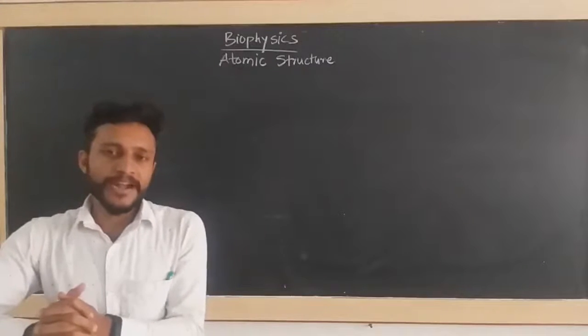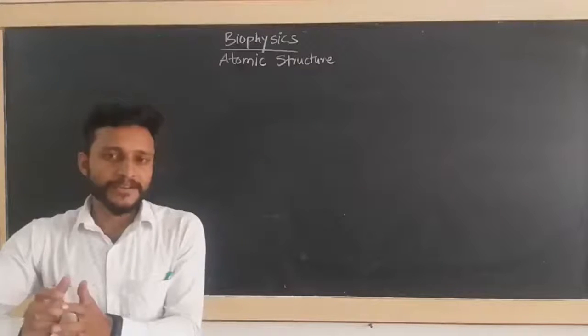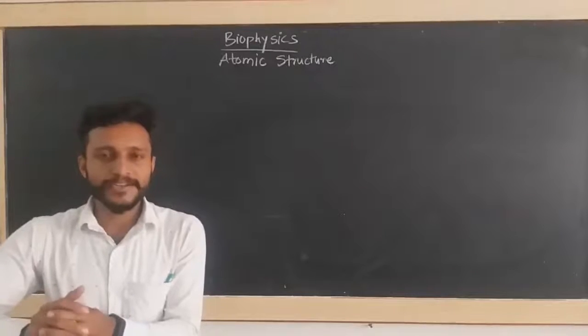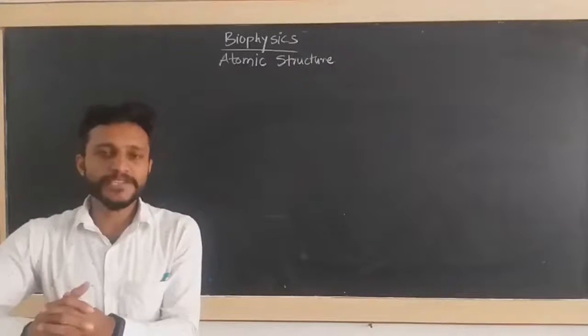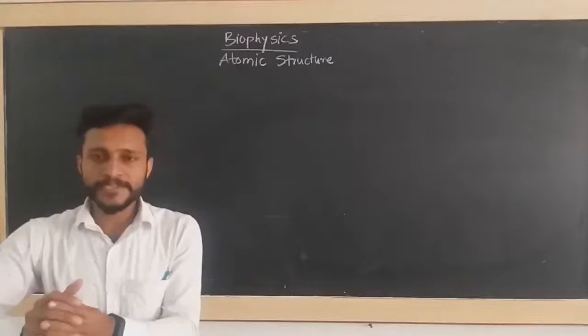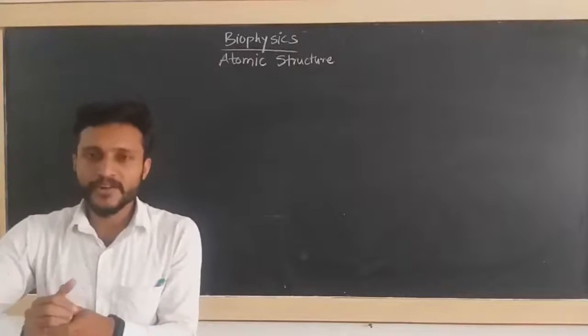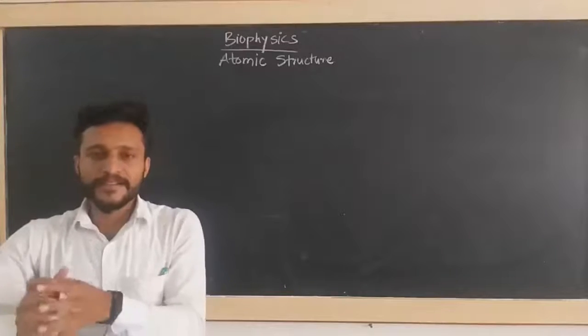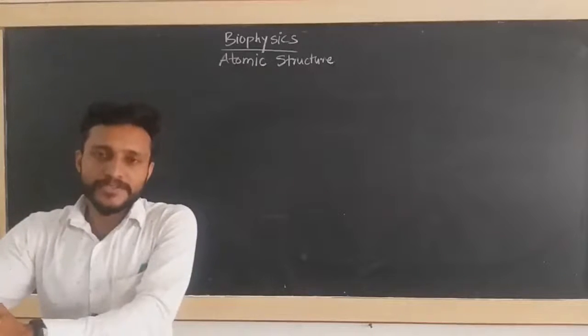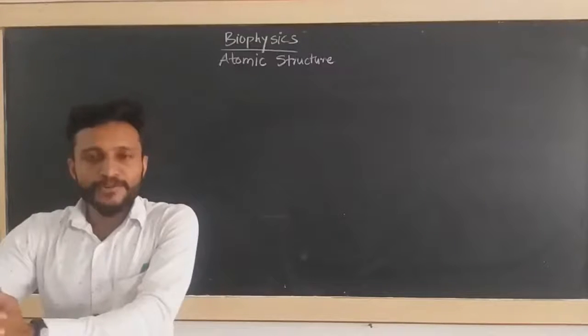According to this model, an atom consists of tiny particles with positive and negative charge. The positively charged particles are concentrated at the central region called the nucleus, and all the electrons are revolving around the nucleus.